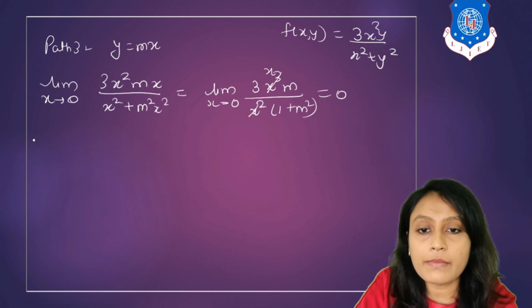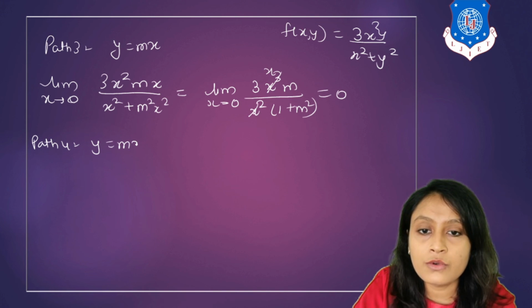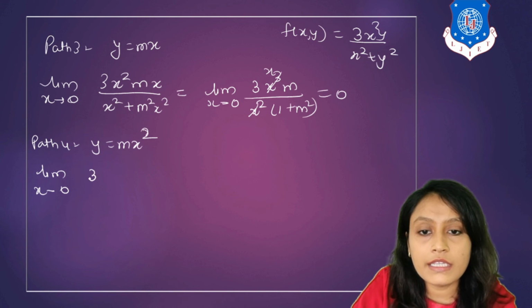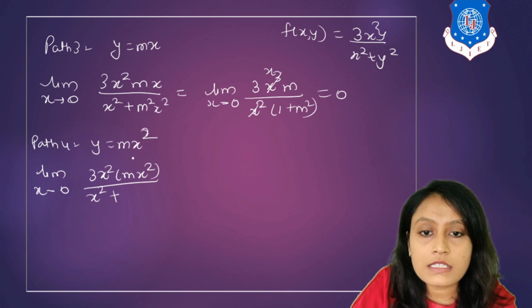Okay, now we will apply path 4, that is y equals mx square. So limit x tends to 0 of 3x square into mx square, upon x square plus, here you will get m square x raised to 4.